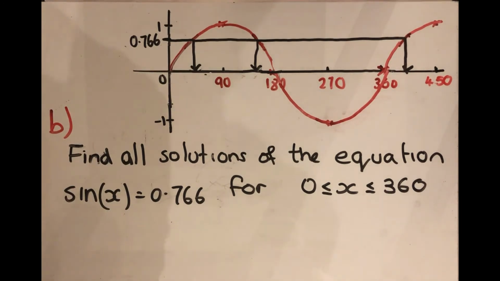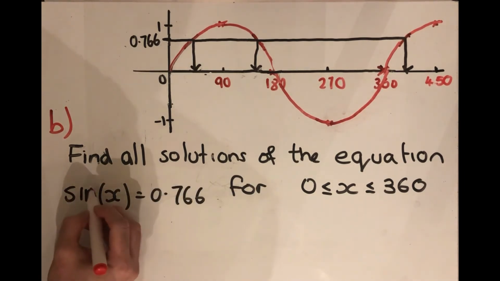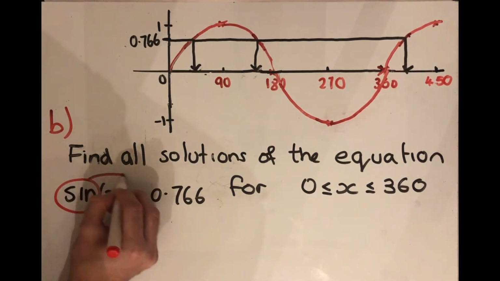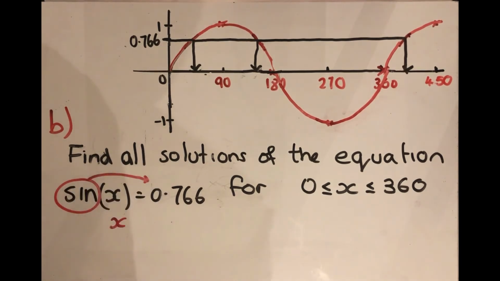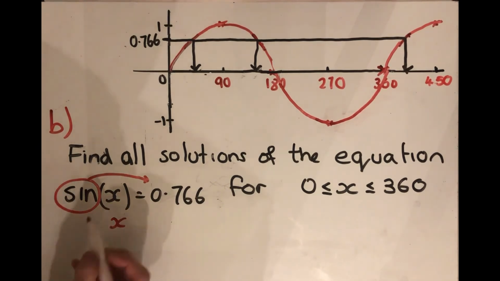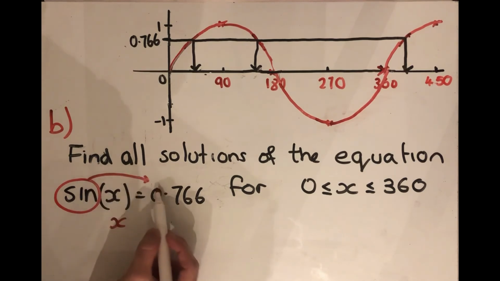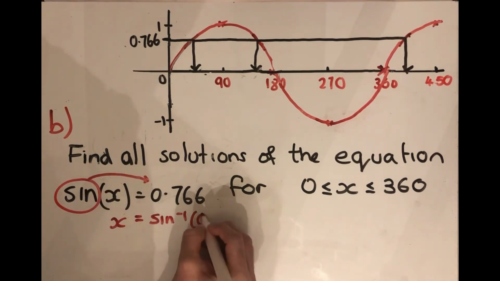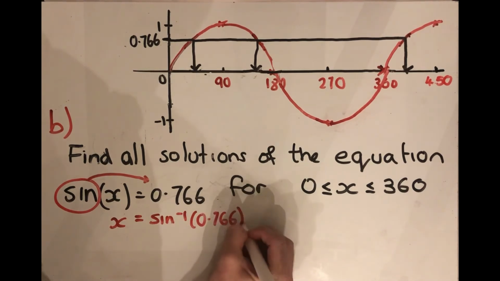However, I'm not going to use the graph for a second, because if I was asked to solve this, I wouldn't need a graph to solve it. What I would say is, if sine x equals 0.766, to find what x is, I need to take the inverse sine, much like in SOHCAHTOA trigonometry, or the cosine or sine rule. If I'm finding this angle here, I would take the sine over as sine minus 1 of 0.766.